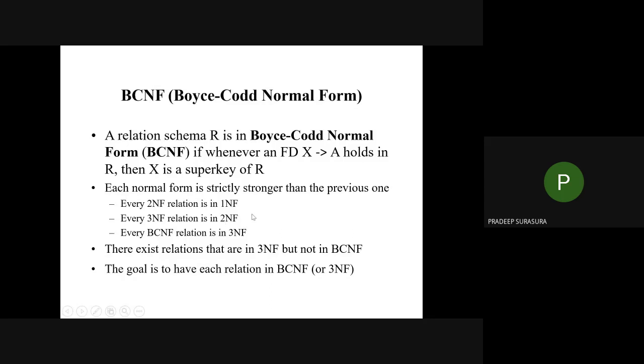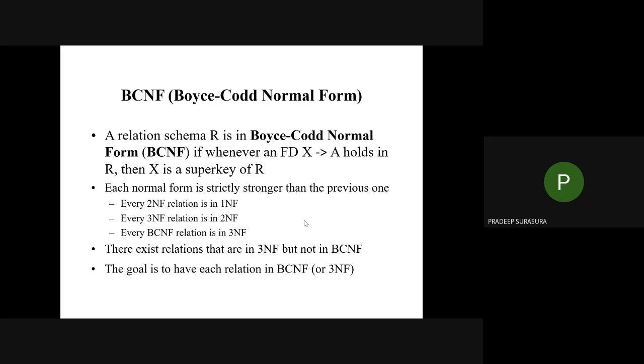But when I'm talking with respect to Boyce-Codd normal form, I need to see that X must be specifically a super key, and A must be a non-prime attribute. Then this satisfies Boyce-Codd normal form.